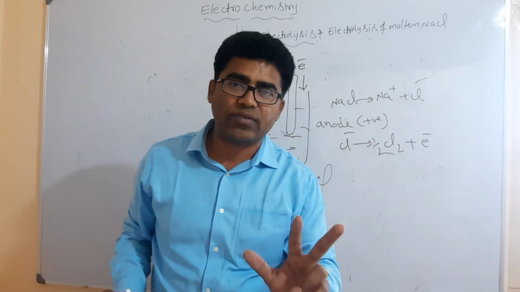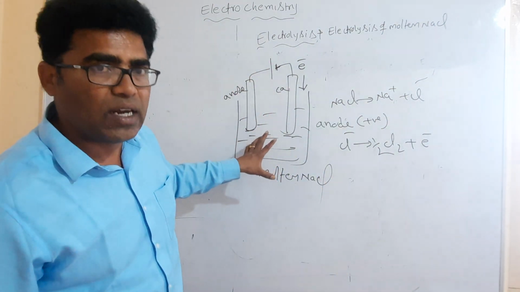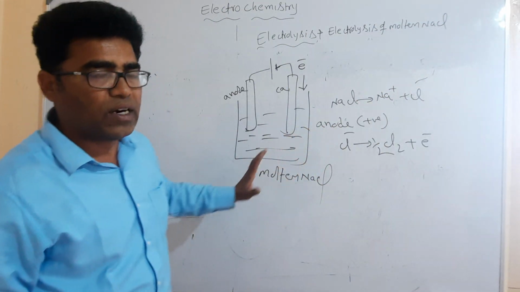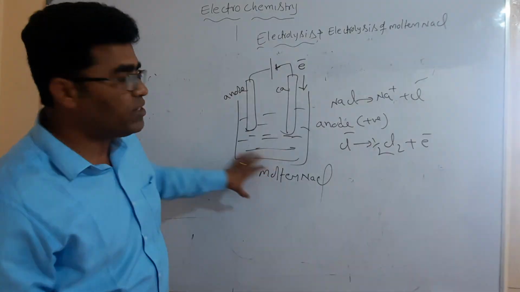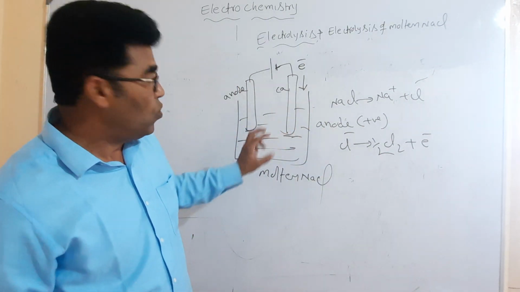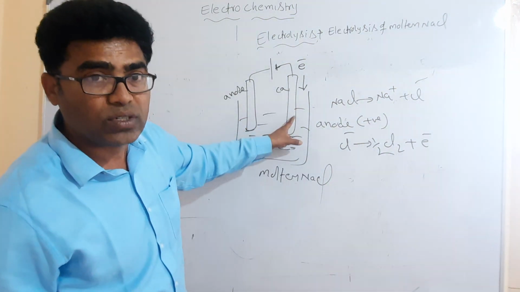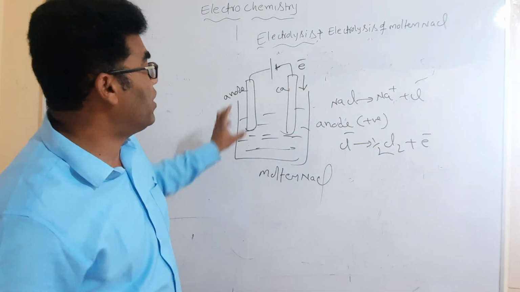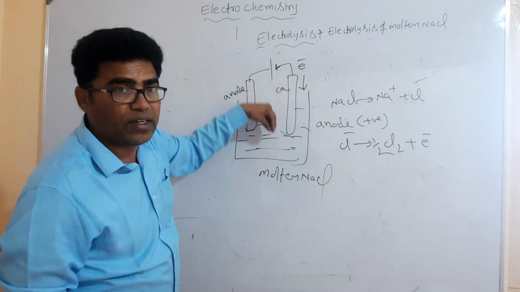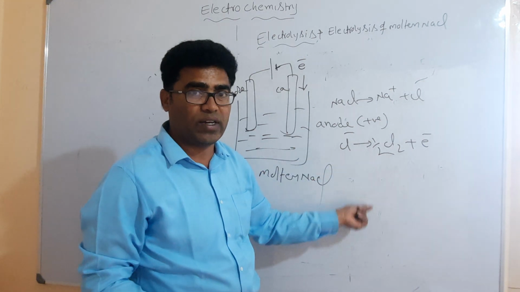Electrochemistry is a branch of science which deals mainly with two types of cells. One is the electrolytic cell, another is the electrochemical cell. First, the electrolytic cell: one beaker containing two electrodes. Electricity enters, then chemical reactions take place at the anode and cathode.